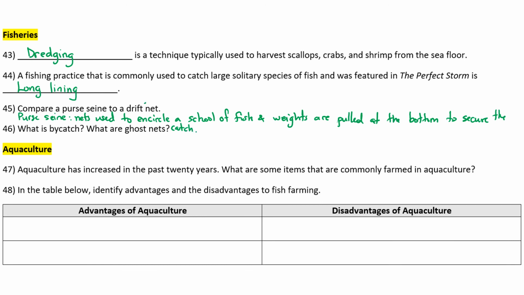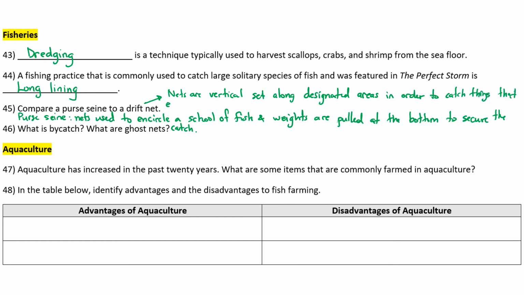And then the drift nets, I'm going to define in this space here. The drift net would be nets that are vertical, set along designated areas in order to catch things that entangle in it.